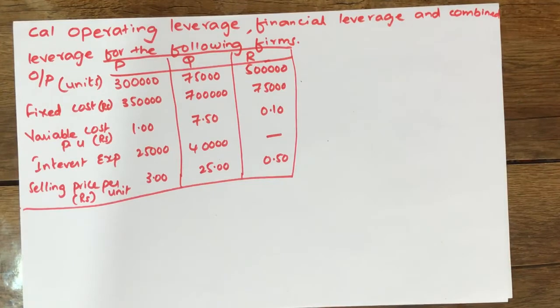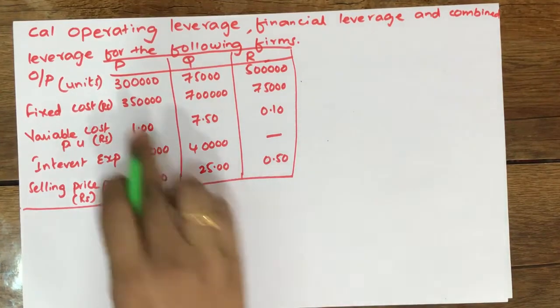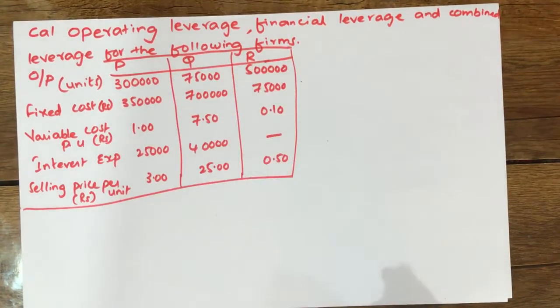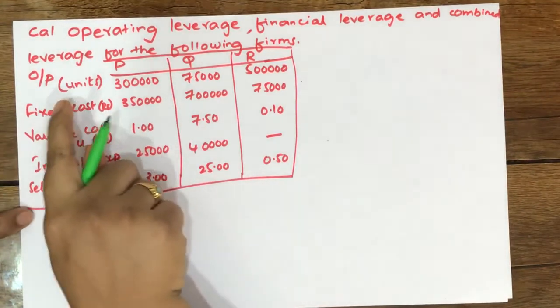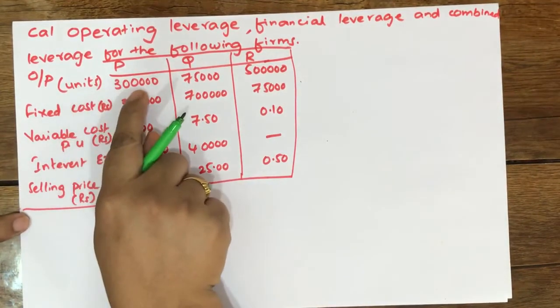In today's video, I am going to explain with the help of a small example how to calculate operating leverage, financial leverage and combined leverage for three different firms P, Q and R, where the output is given as 3 lakh units.